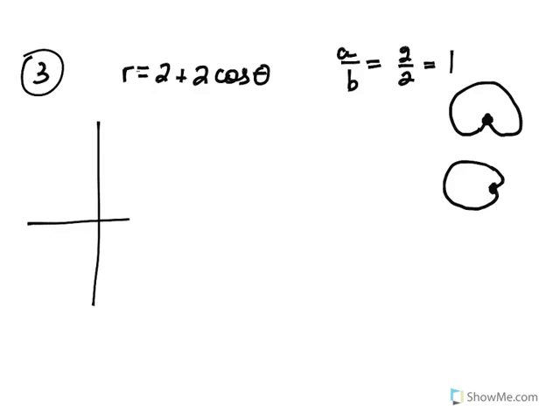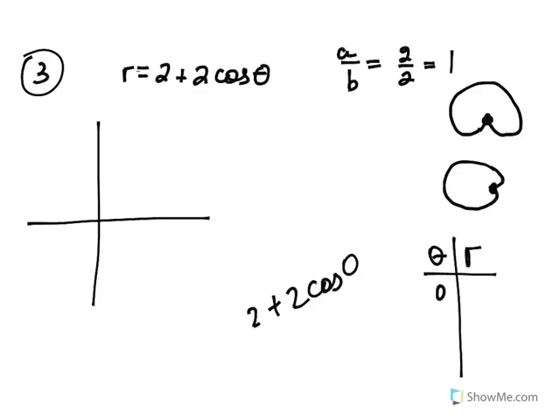Now we're going to do the same thing. We're going to make a little chart. 0 degrees: 2 plus 2 cosine of 0. Cosine of 0 is 1. 2 plus 2 is 4. So 0, comma 4. Here we are.